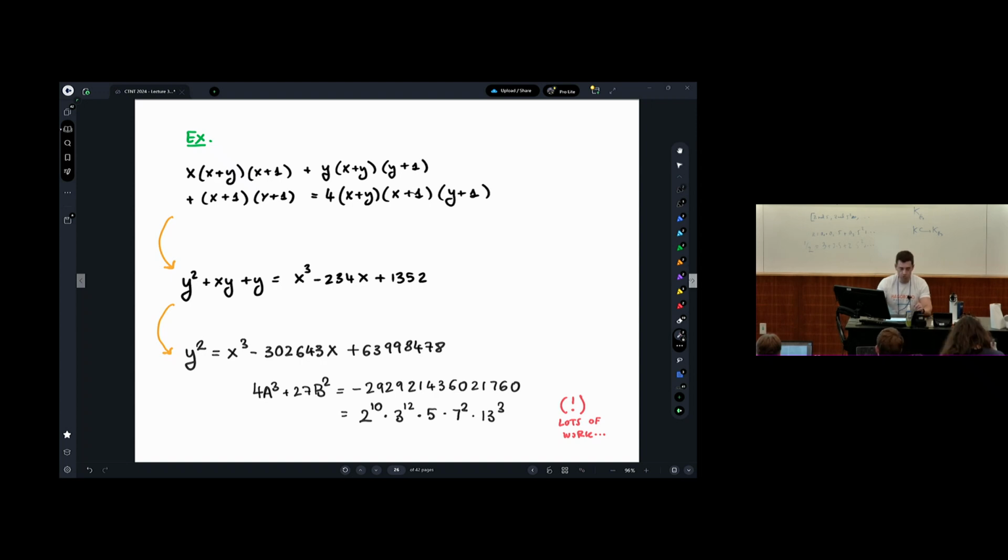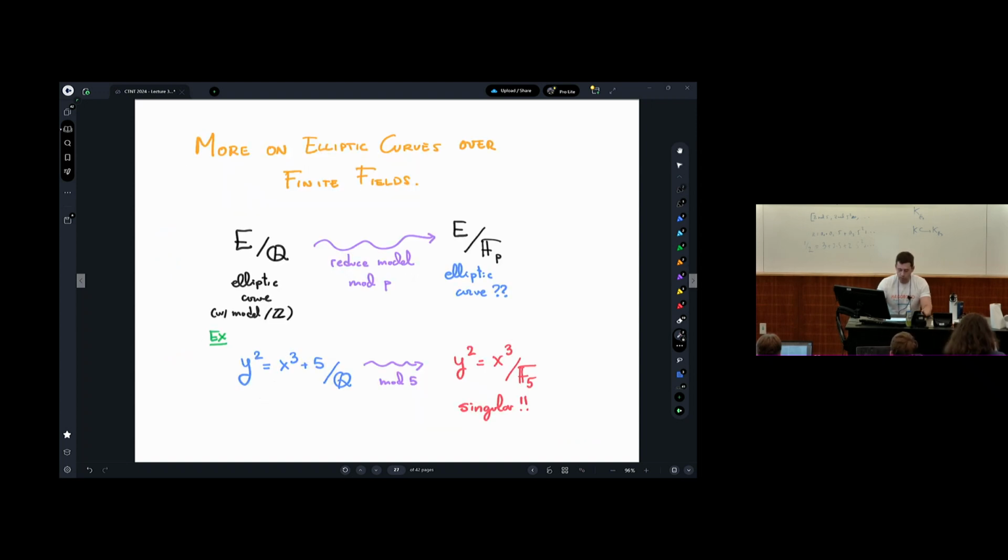So I'm going to teach you a quicker way of doing this using, again, finite fields. We are interested in finite fields because of applications. You saw the factoring method by Lenstra, but we can also use finite fields to aid our research on elliptic curves over number fields.